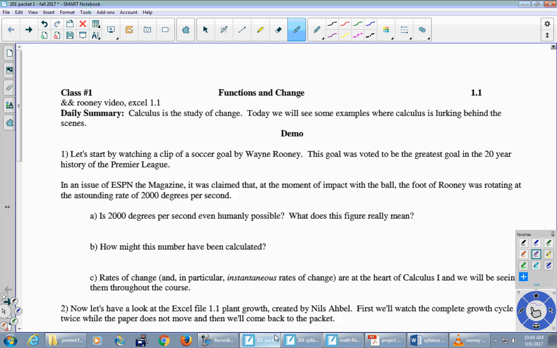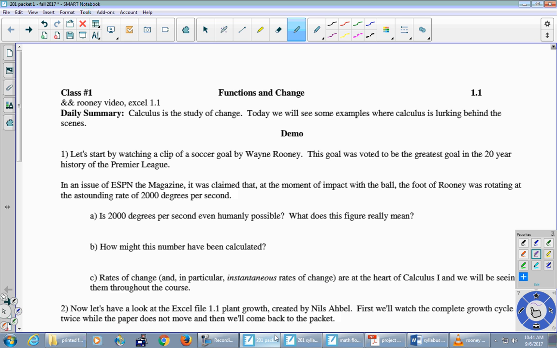Did his foot go 20 degrees, or maybe even smaller time period than that? So we're not suggesting 2,000 degrees in an entire second, but if we just look at a really teeny tiny time interval, that instantaneous rate of change, maybe it's viable.